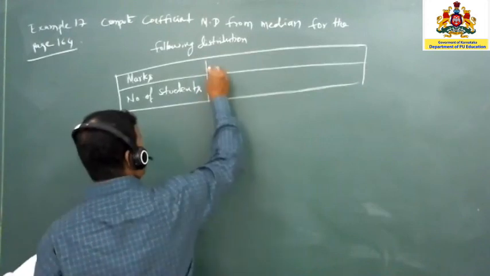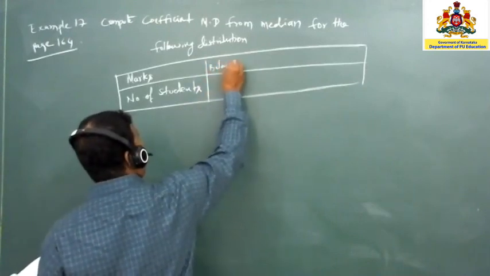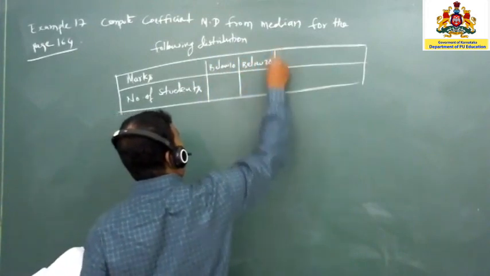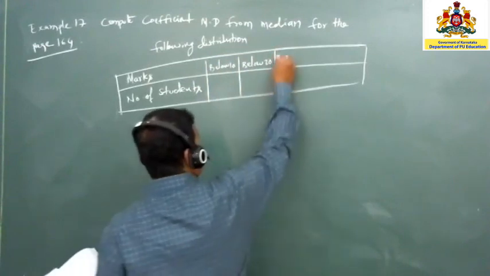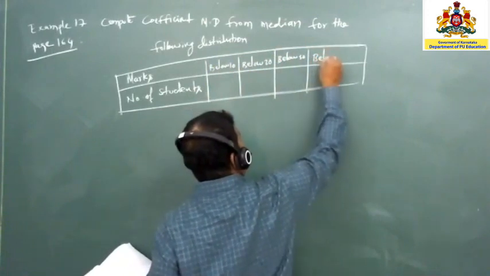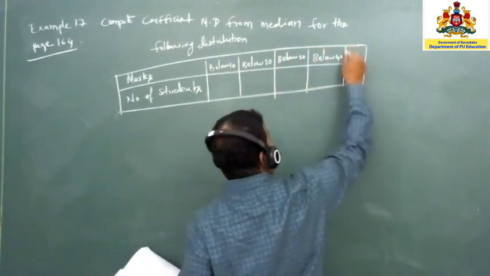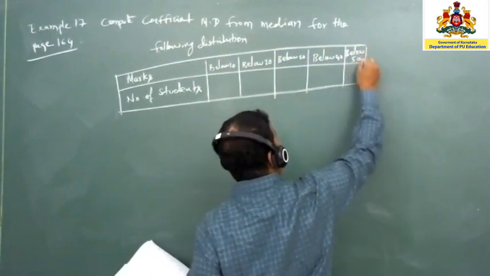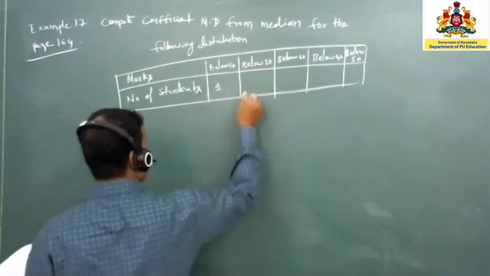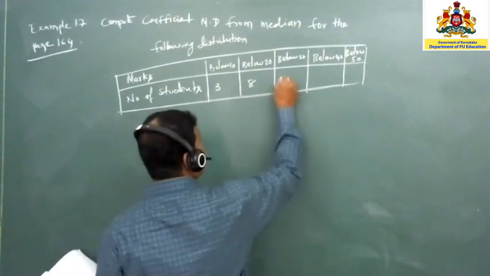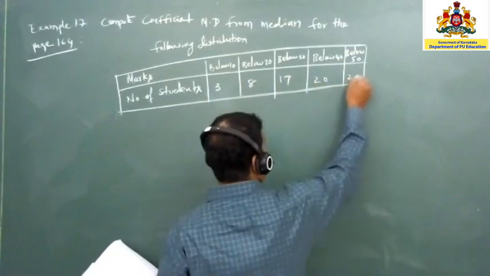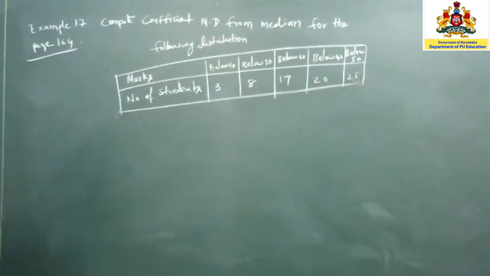Marks below 10, below 20, below 30, below 40, below 50. Frequencies: 3, 8, 17, 20, 25.